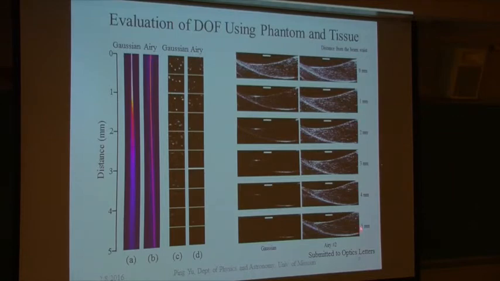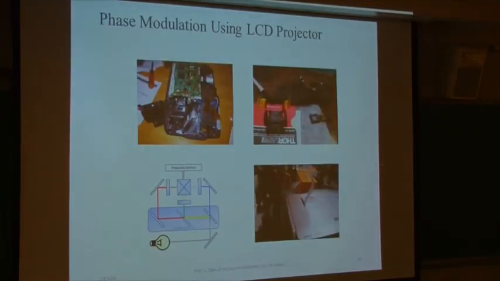The Airy beam, you can go all the way to 5 millimeters. You need to count both sides. So basically, you have a 10 millimeter clear image field of view. That is a significant improvement of depth of field by using the Airy beam compared to the Gaussian beam. Okay, it's quite an initial study, and we just have an initial paper submitted based on this work.